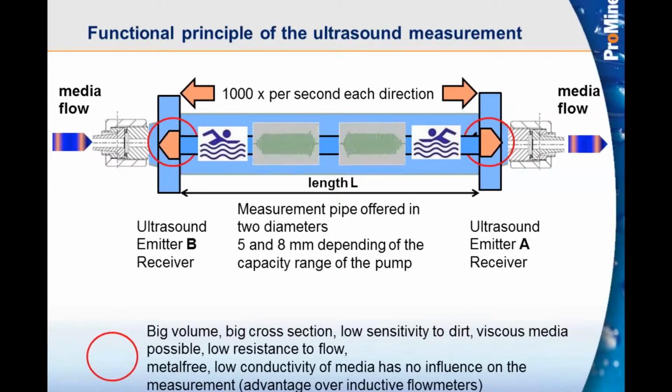The way the Dulcoflow works, you'll see that the flow comes in from the left and flows out to the right. So we have flow going in one direction through that. At the same time, it's putting a signal through that flow in both directions. So obviously the signal that's going with the flow is going to transmit to the other end a little bit faster than the signal going in the opposite direction of flow.